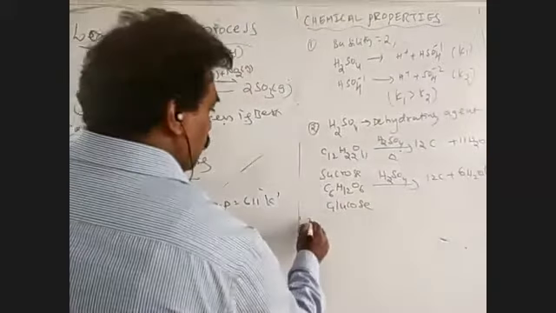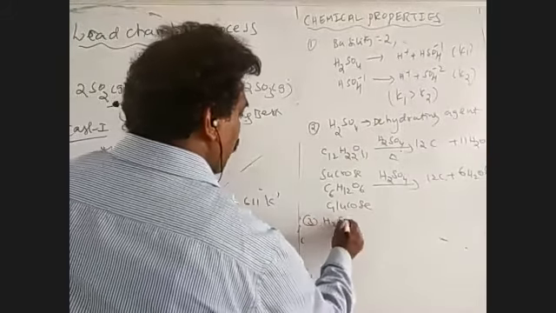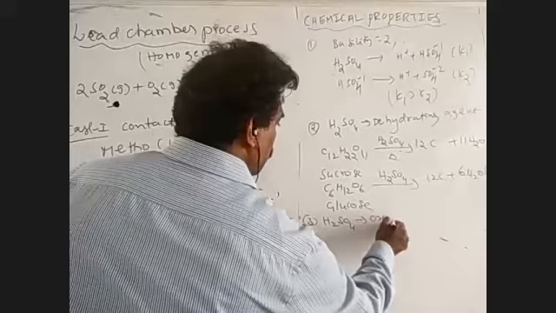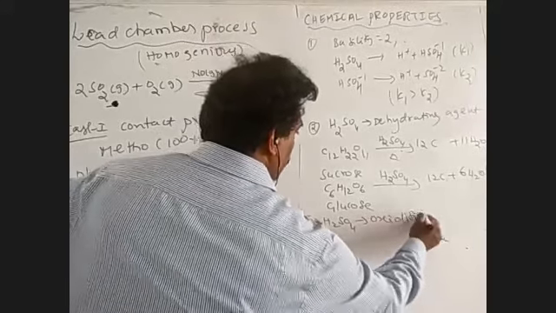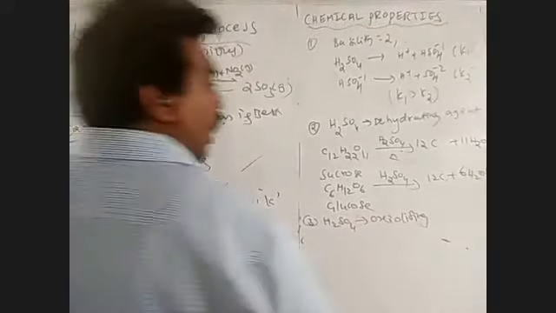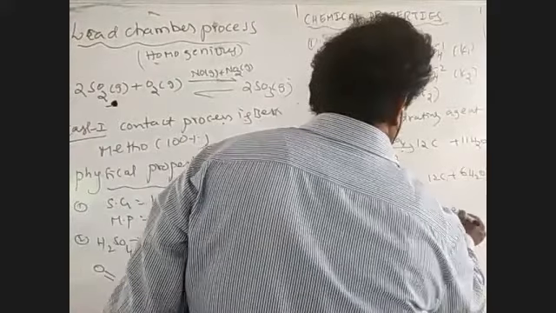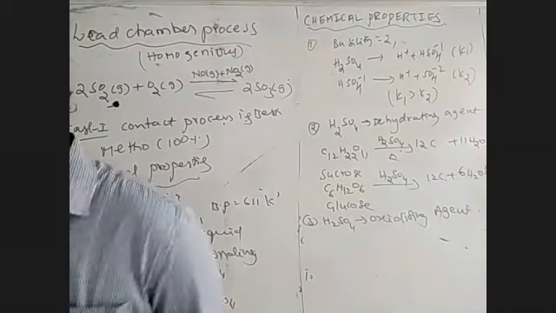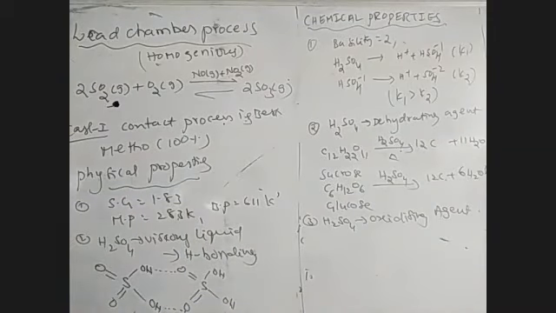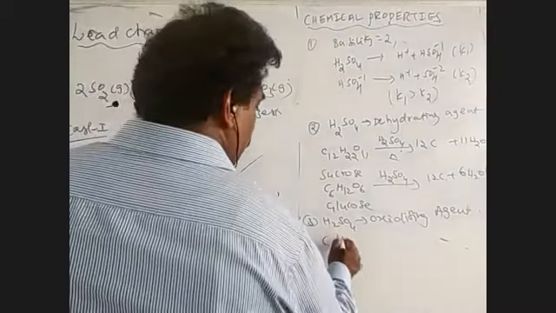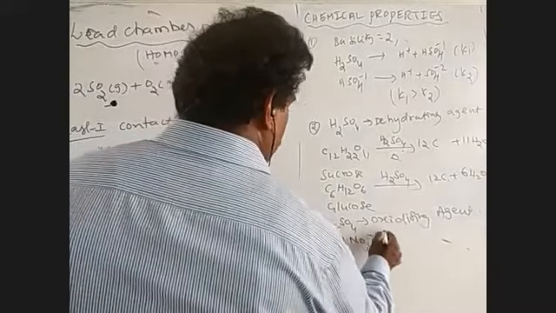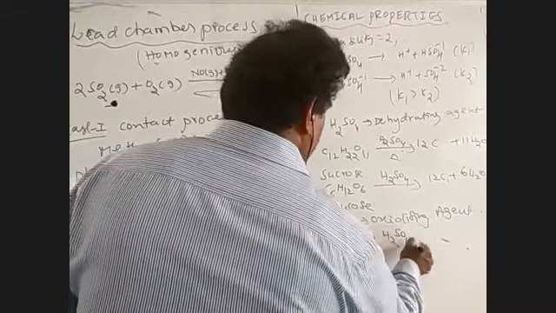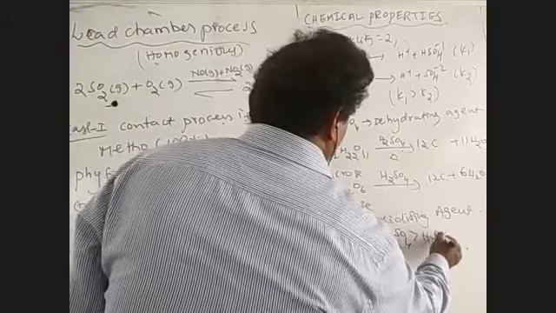Next, H2SO4 also acts as an oxidizing agent. The oxidizing property of H2SO4 is weaker than nitric acid. HNO3 is greater than H2SO4, which is greater than H3PO4.